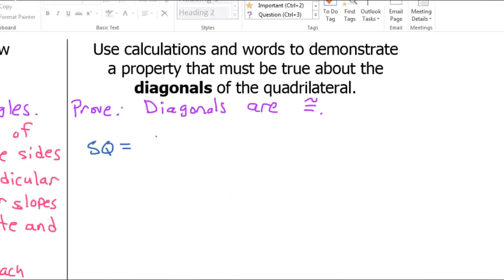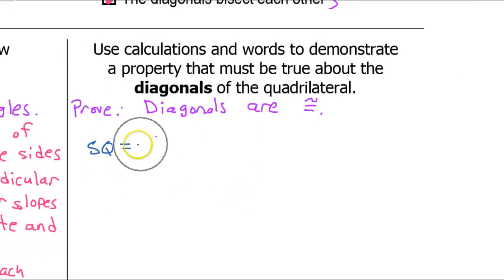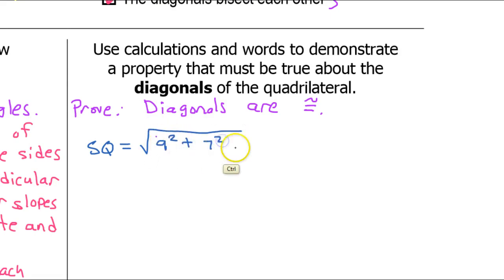So the length of SQ, remember the 9 and 7, okay? So that means the length is going to be the square root of 9 squared plus 7 squared. That's just doing the Pythagorean theorem. So that's going to give me the square root of 81 plus 49.